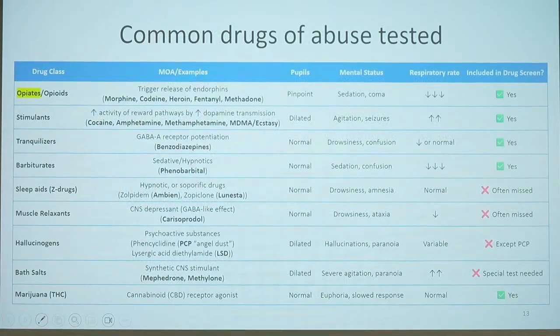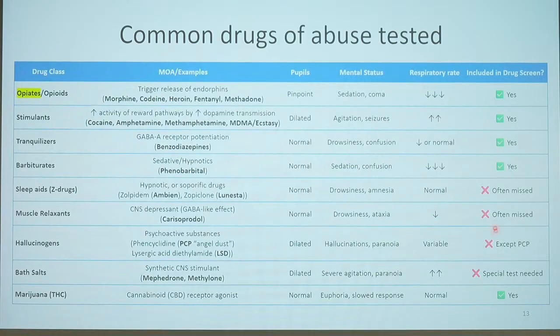Here are some commonly tested drugs of abuse by drug class, mechanism of action, examples, and their toxidrome. For these clinical presentations, we're looking at cognitive state, pupil, and respiratory rate, and whether or not these drugs are included on the standard UDS.